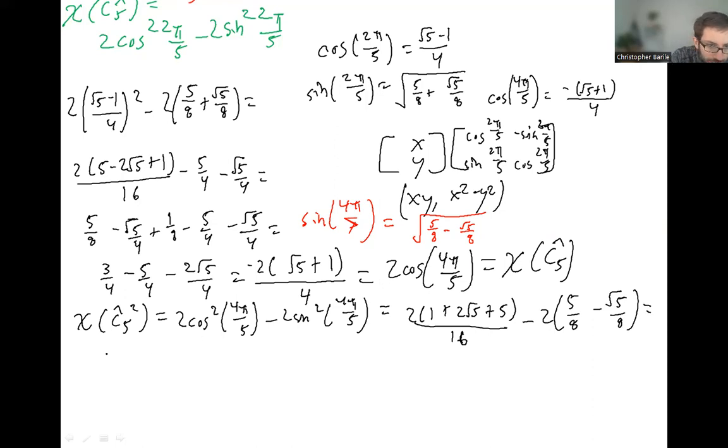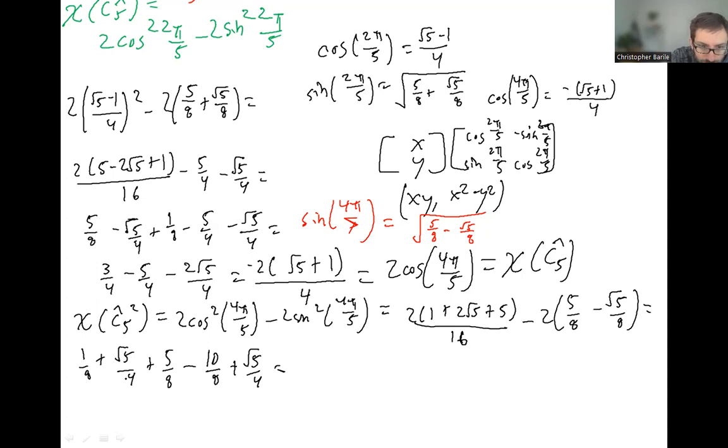And then we get, if we go over here, 2 divided by 16, which is 1/8, plus a root 5 over 4, because we have 2 and 2, divided by 16, and then plus the 5/8 term, 10/16, which is 5/8. And then we have our second term over here, that's going to become minus 10/8 and, plus, actually, -2 times a negative, plus root 5 over 4.